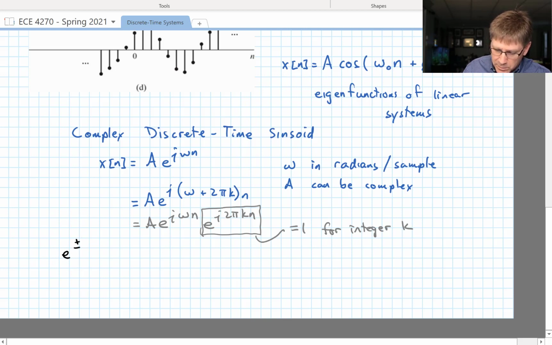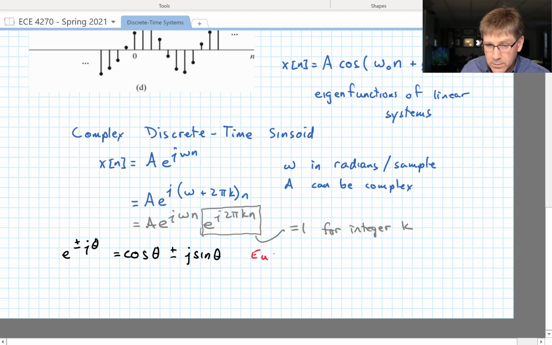We won't be proving that in this class, but if you have e to the plus or minus j theta, that's just equal to cosine theta plus or minus j sine theta. This is called Euler's identity.